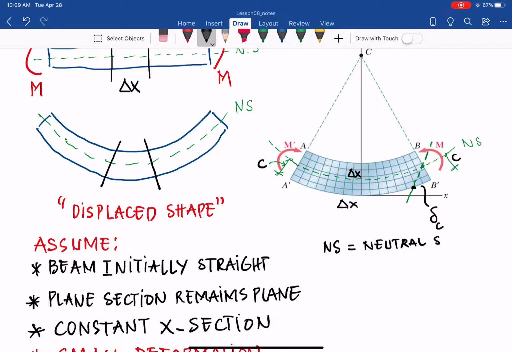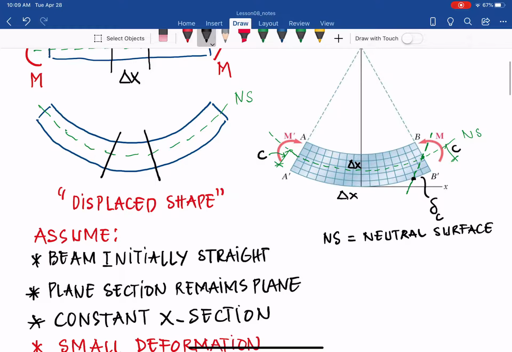The neutral surface, similar to the neutral axis, is a surface that goes through the centroid of the cross section and is parallel to x or y. In this case, as you can see, it is parallel to the longitudinal axis.